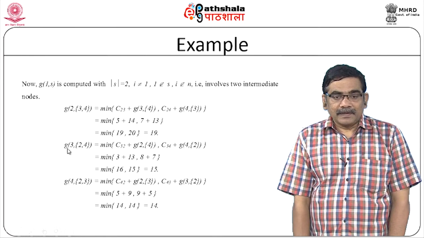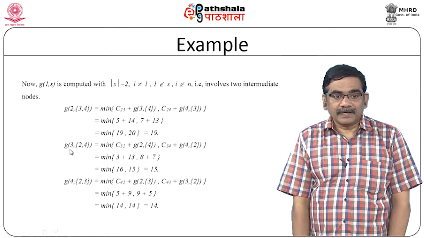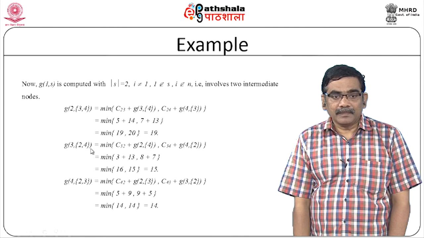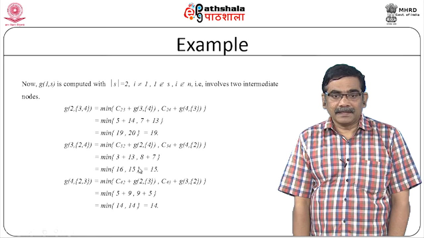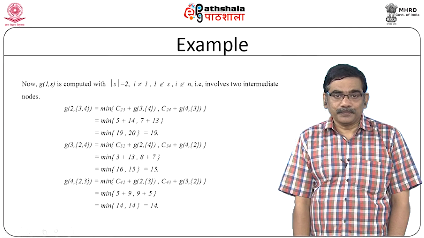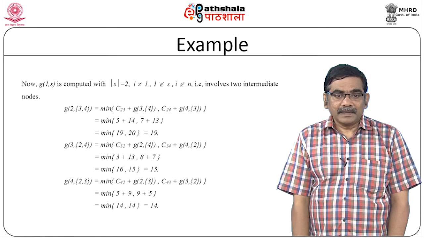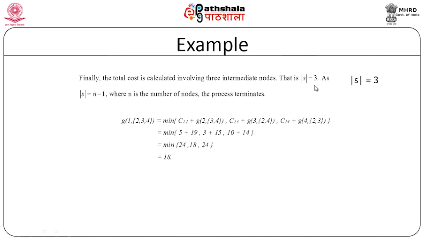Using this particular logic, I can find g of 3 comma 2 comma 4 as well as 4 comma 2 comma 3, so I can compute all these things with s equal to 2. Again I have to increment s, so now s becomes 3, that means the intermediate nodes are 3 in number. Now I have to find the shortest path 1 comma 2 3 4.